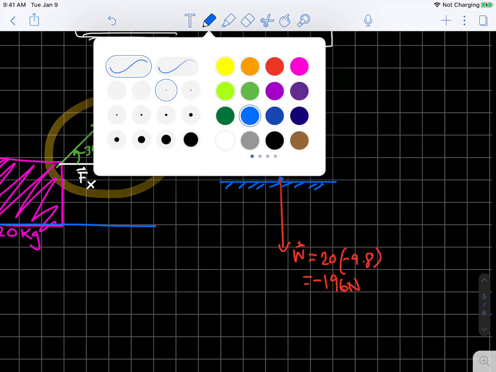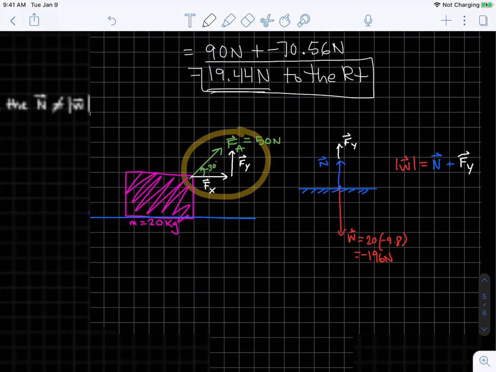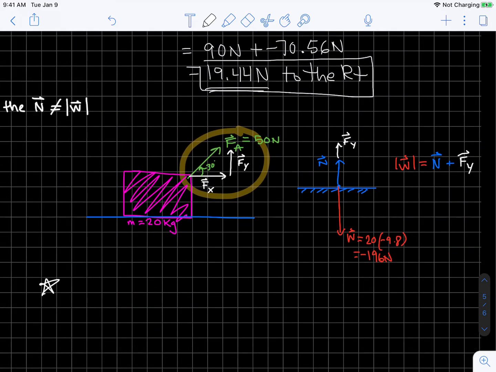We get the magnitude of the weight force is equal to the normal force plus this Fy component. Kind of neat. So when we're trying to find friction, remember, friction is equal to ma if we knew a, or friction is equal to mu times normal.